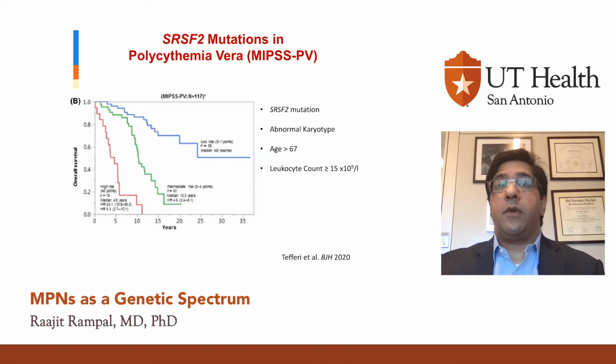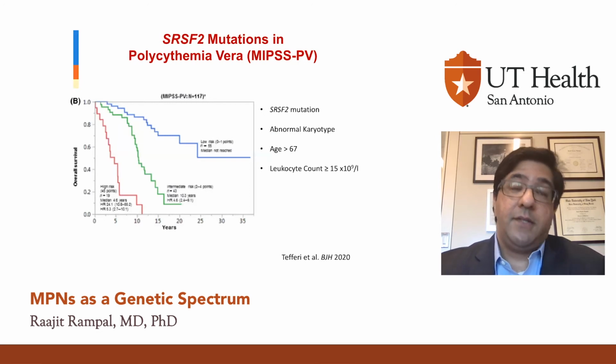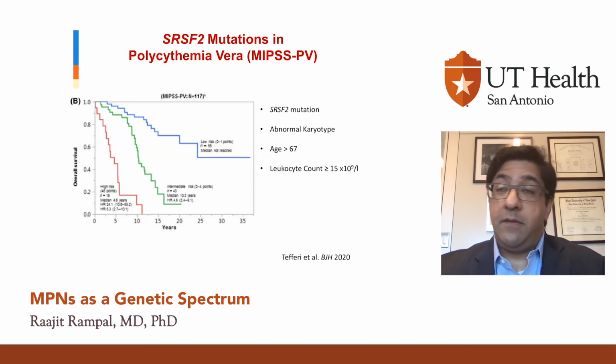What about prognosis in ET and PV beyond just simply the presence of the risk for thrombotic events? Well, we certainly know that some mutations do appear to also play a role in the risk of PV patients progressing, as an example. So this is the so-called MIPS-PV, which is a risk stratification score that incorporates both clinical variables as well as genomic variables.